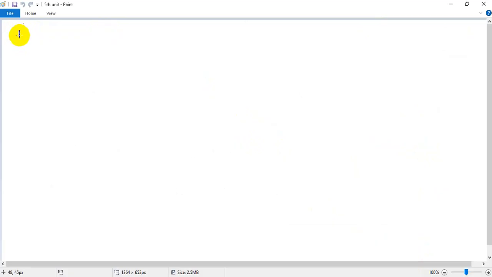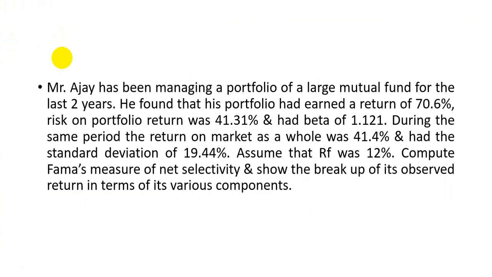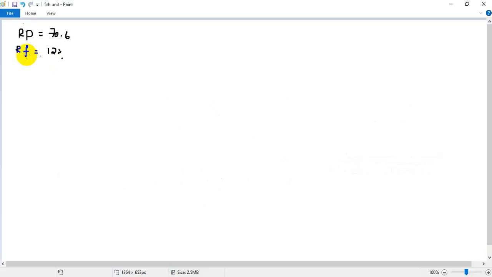Your RP has been given as 70.6. Your RF has been given as 12%. If you see the equation, RF is 12%, RP is 70.6. Risk on portfolio, standard deviation of P, has been given as 41.31.